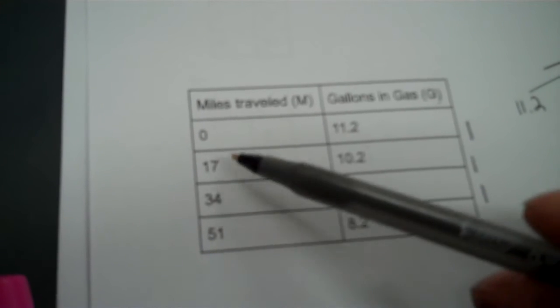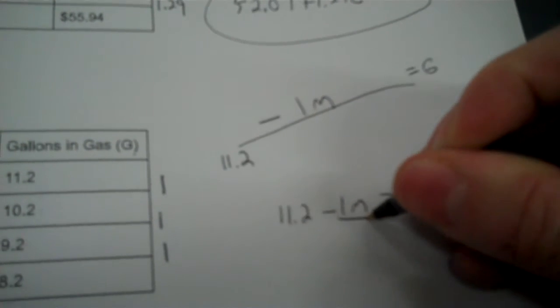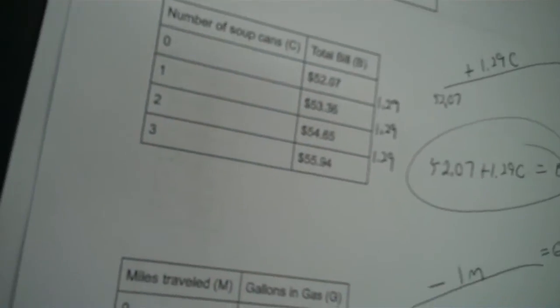But we got a problem. Here it went 0, 1, 2, 3. Here, okay, it's not going by ones. So what I need to do is underline the 1m, okay, not the beginning amount, the 1m. And I have to do a subtraction here. Okay, so I start with the highest, 51 minus 34 is 17. 34 minus 17 is 17.